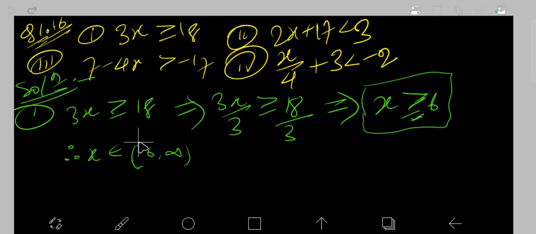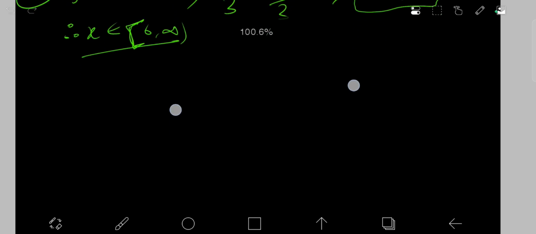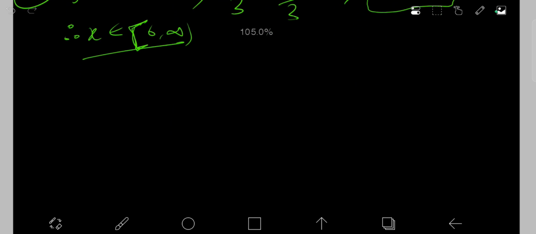This side we take a closed interval because 6 is included. So this is my final answer, and the second question is 2x.